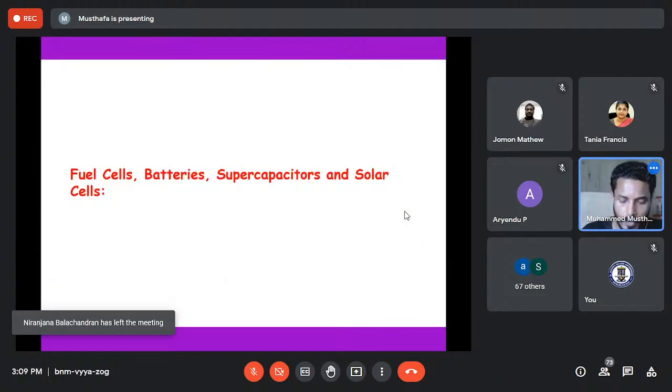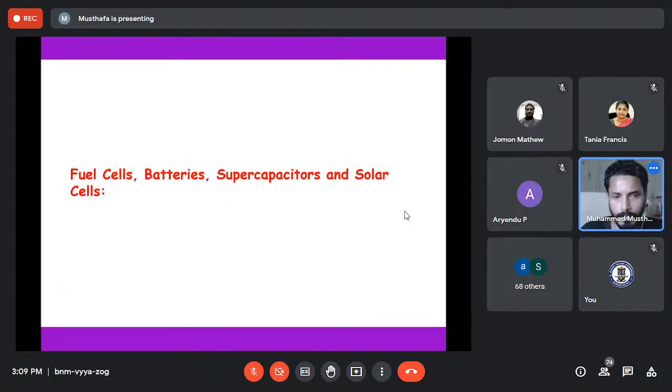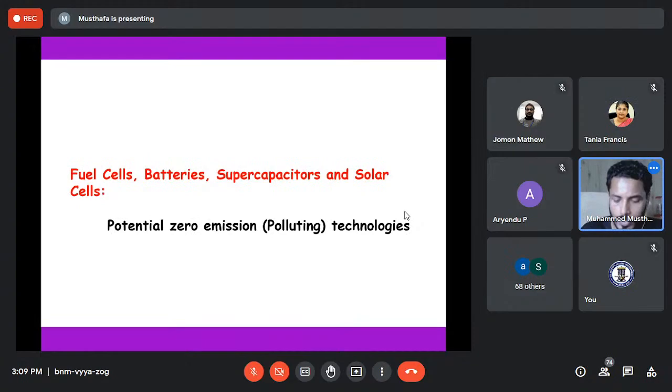And fuel cells, batteries, supercapacitors, and solar cells are potential zero polluting energy technologies. That is why people are looking for electric vehicles all over the world, because they are zero polluting energy technologies.